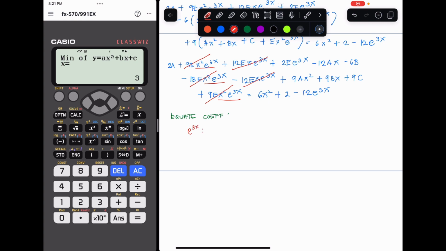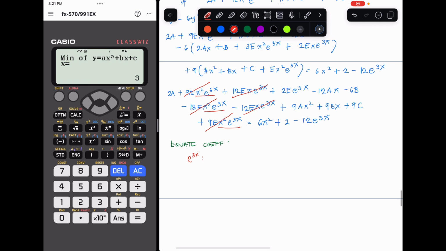For e raised to 3x, we have this one is e raised to 3x, and then we have this as e raised to 3x as well. So from there, we can write that 2e is equal to negative 12.